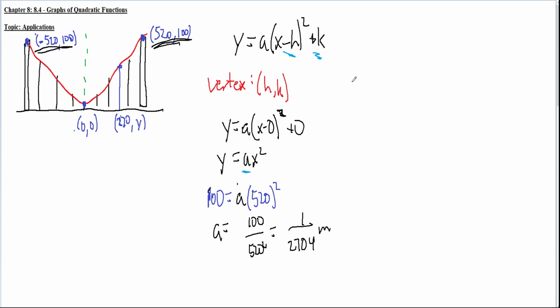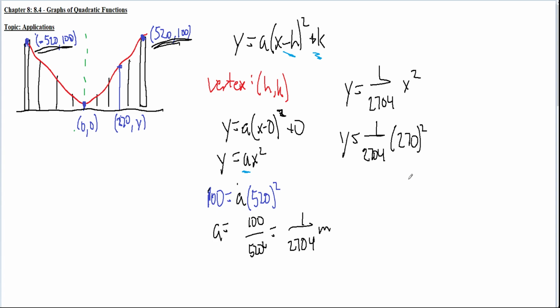So what we want to do is update our equation, and so we have y is equal to 1 divided by 2,704 times x squared. And now we can find out what the height is when we're 270 meters away from the bridge. So all we have to do is just plug in that x value, and we'll get 1 divided by 2,704 times 270 squared.